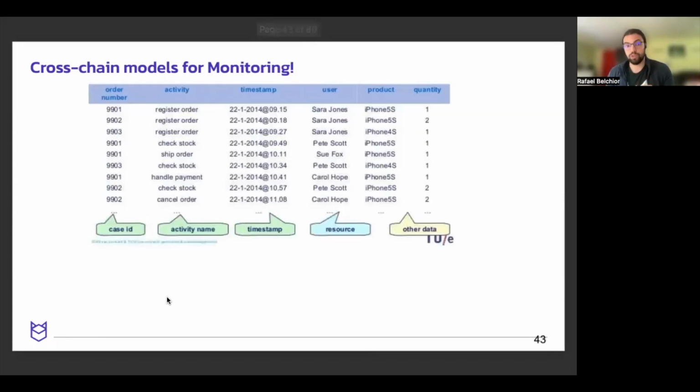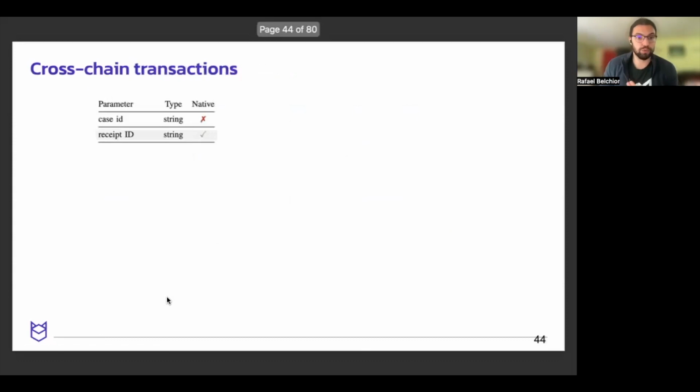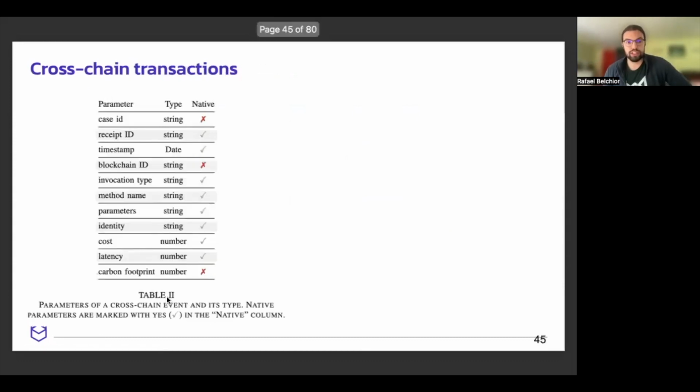So the idea now is to map this to the cross-chain scenario. What we've done was to extend the data formats, or the data schemas, of transactions in different chains to a common format. And this format has a case ID, an activity, and resources.